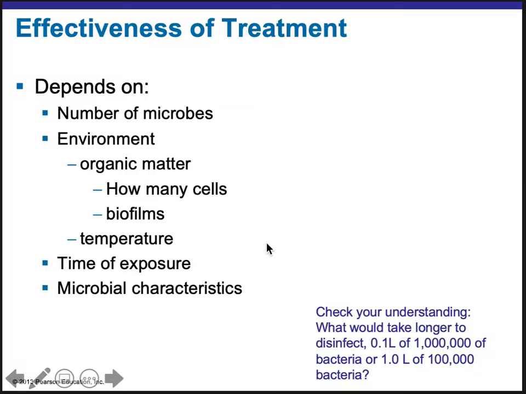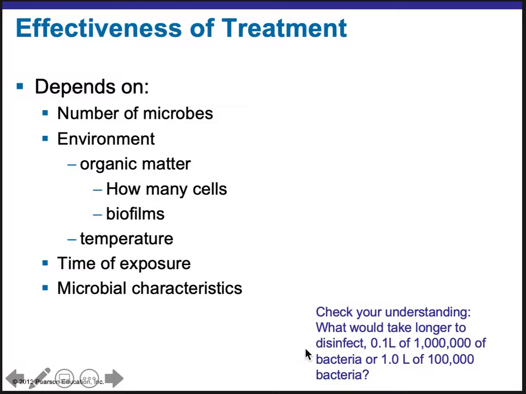So let's go ahead and ask ourselves a question at this point. Do we understand this idea? So microbes die at a constant rate, and it depends on these factors, how fast you kill, right? So what would take longer to disinfect?